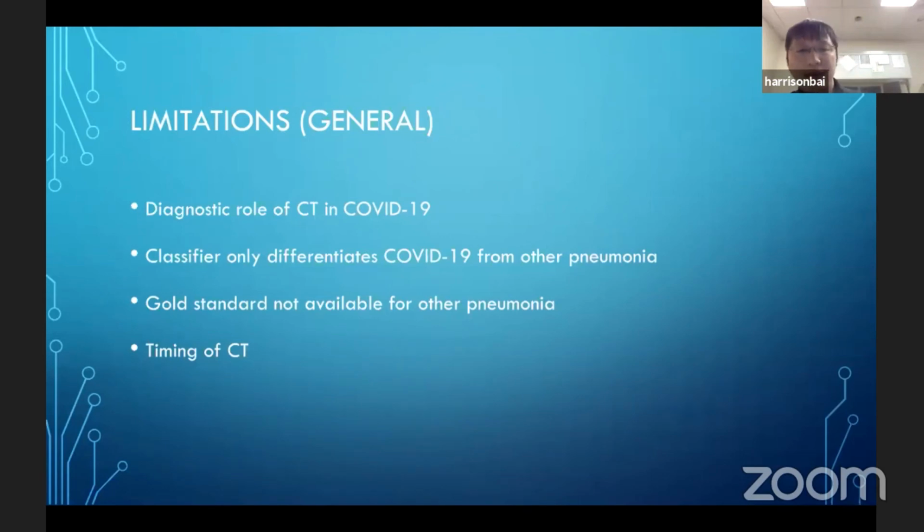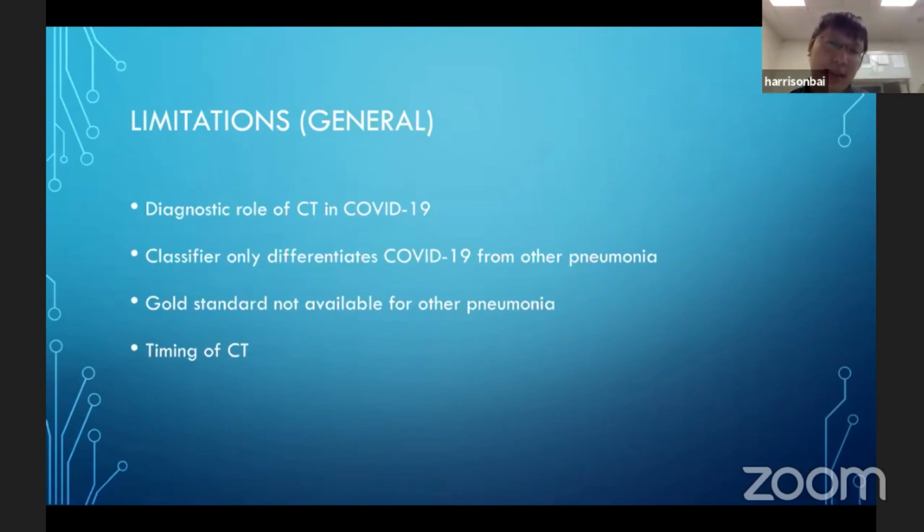Like I mentioned earlier, we have the gold standard for a portion of our other pneumonia cohort, using the respiratory pathogen test to show the viral species, but we do not have that for all of our patients, especially those coming from China. So we don't really know the specific breakdown between bacterial versus viral pneumonia for those patients.